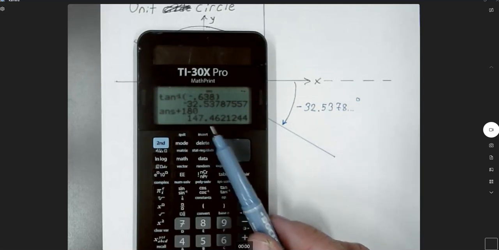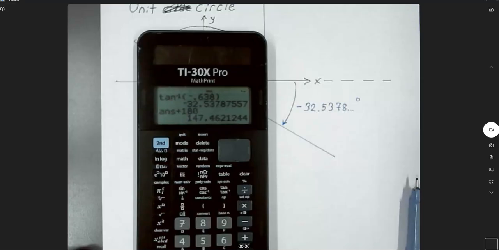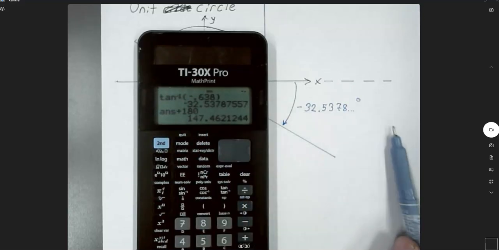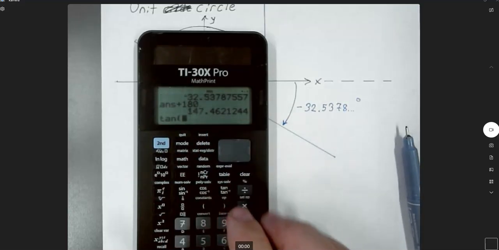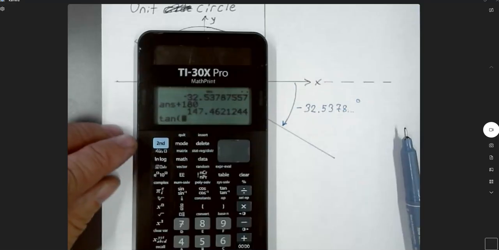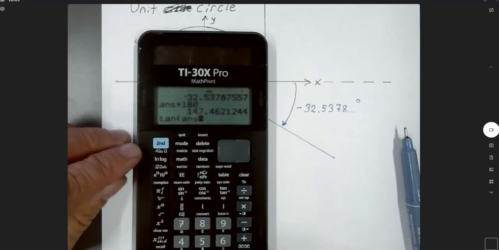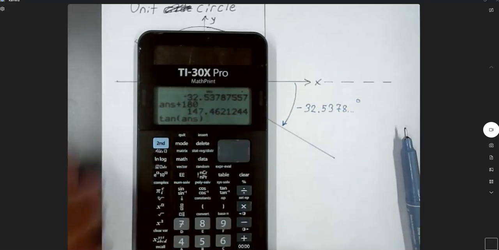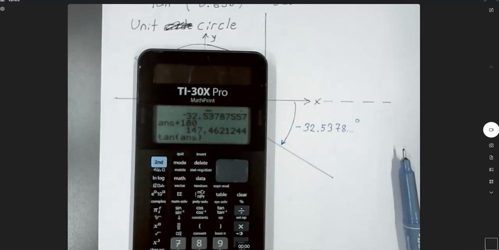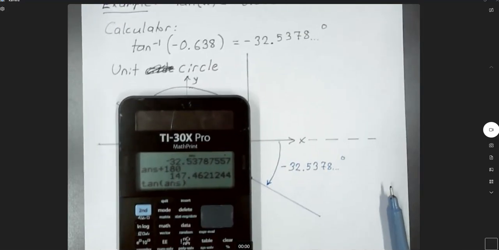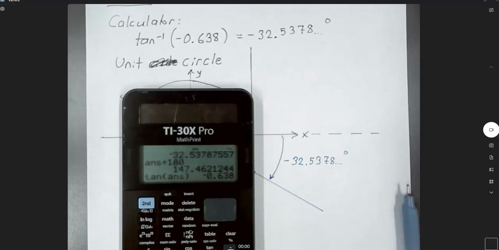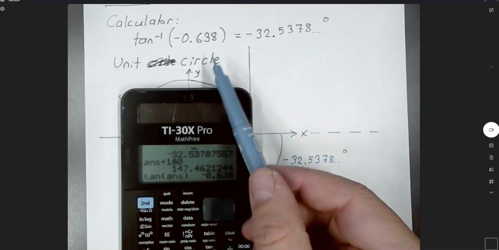And if I check the tangent value of that angle, I take tangent from the answer. That will be no surprise for us, because now I'm getting the value of minus 0.638 as it should be.